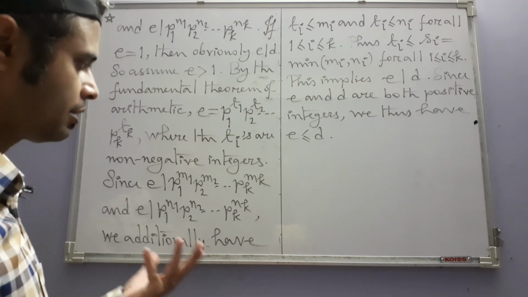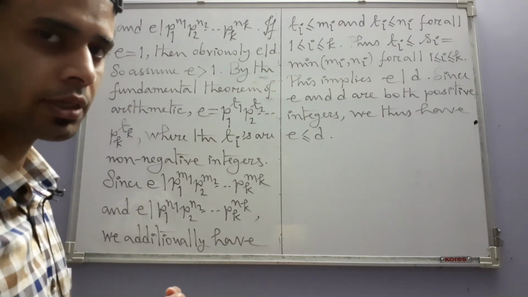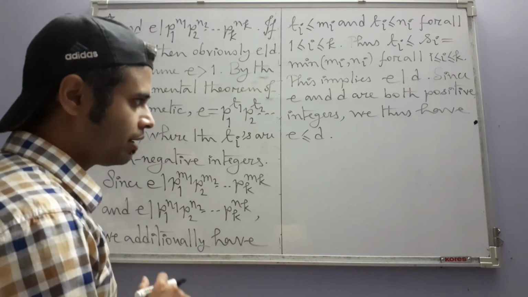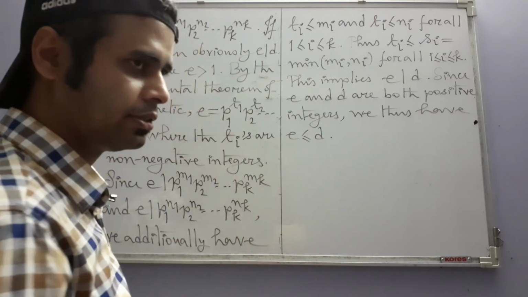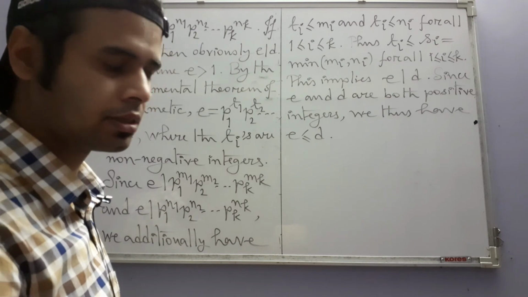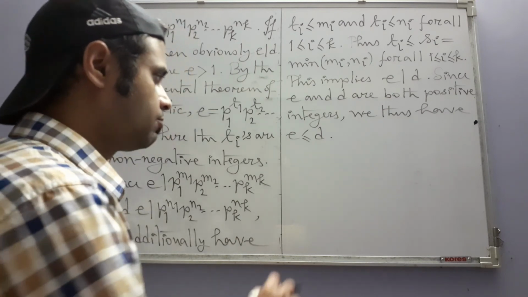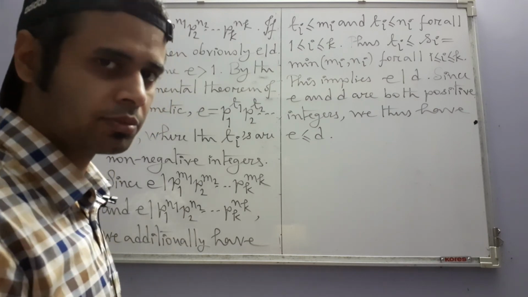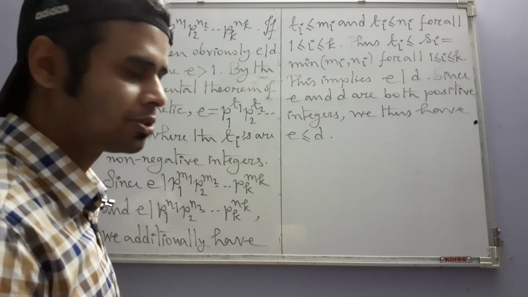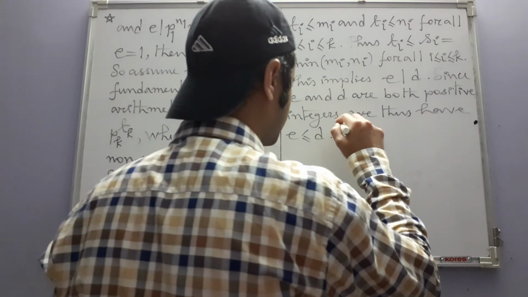So what is it that we have shown here in this solution? We have shown that D divides both the given integers. So D is a common divisor, D is positive, and D is the greatest among all positive common divisors. So it is the greatest common divisor by definition.